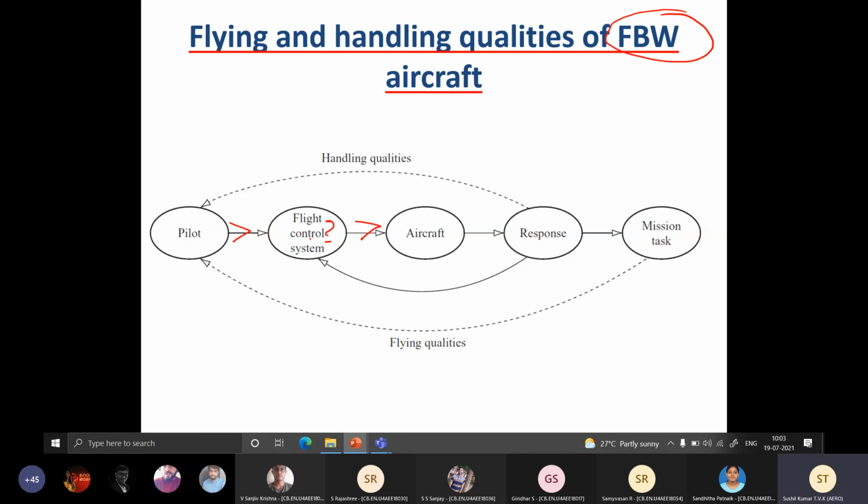So that's the basic difference between a fly-by-wire aircraft and a conventional aircraft. Apart from the trivial answer being it's all controlled using wires and electric motors instead of pulleys and mechanical linkages. Actually, what really happens is this additional block of flight control system which comes in. And that's something which you will find even in present generation automobiles.